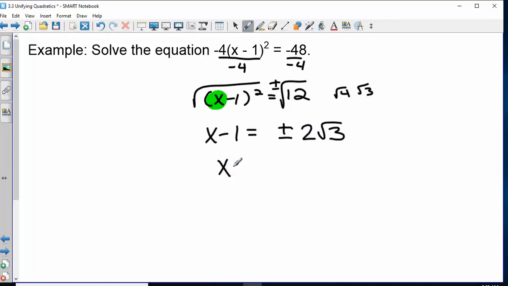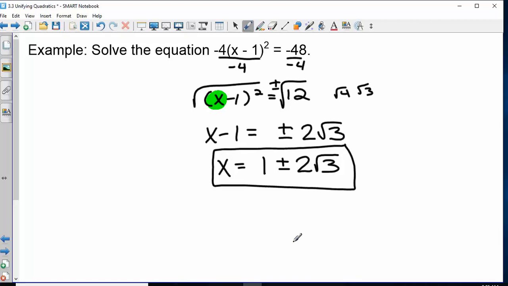Next step, we add 1. So we get 1 plus and minus 2 radical 3. Questions there?